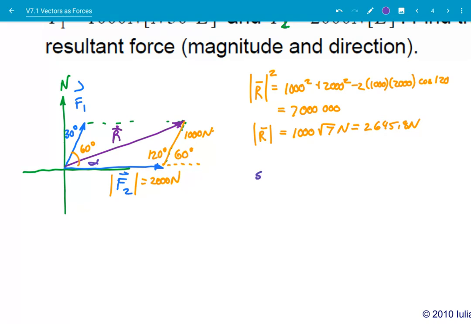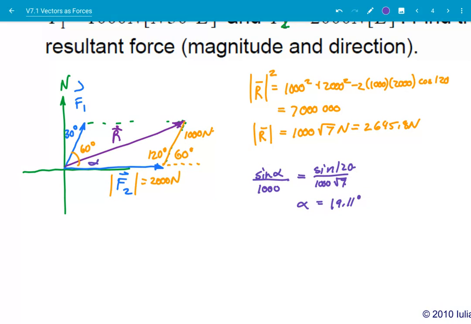Okay, so sine alpha, using sine law, is across from 1,000, and the resultant, 1,000 root 7, sine of 120. And we will get alpha is equal to 19.11 degrees.